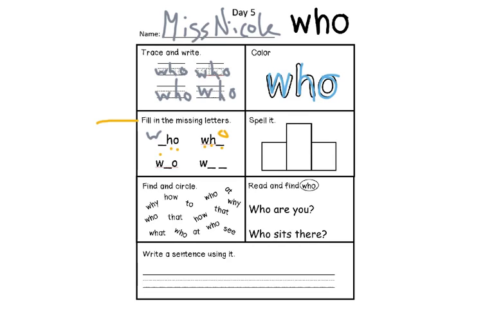Our next one is W blank O. Now we have to write 2 letters. H-O. Who? Now we're going to spell it. We're going to write it correctly in our boxes. W-H-O.